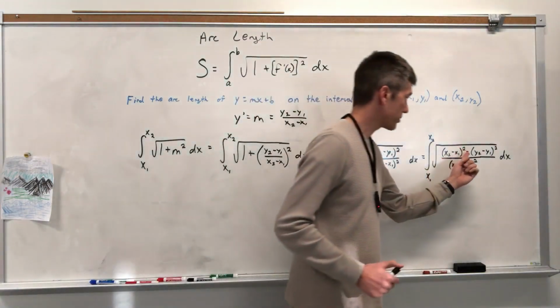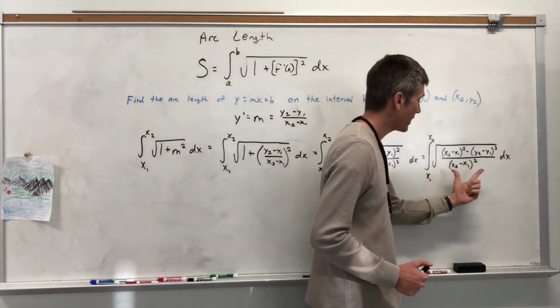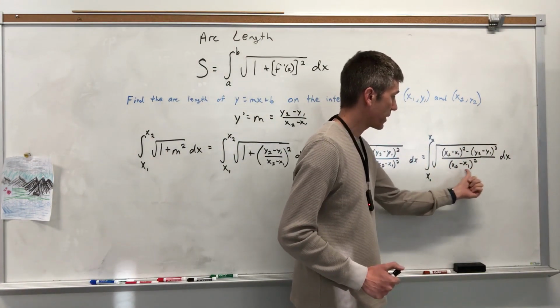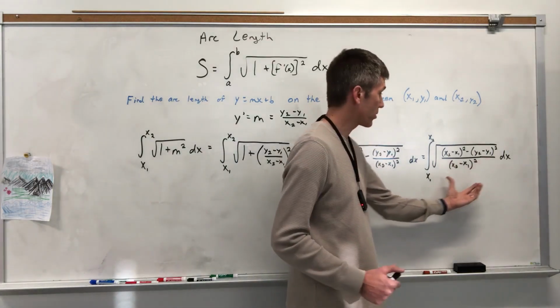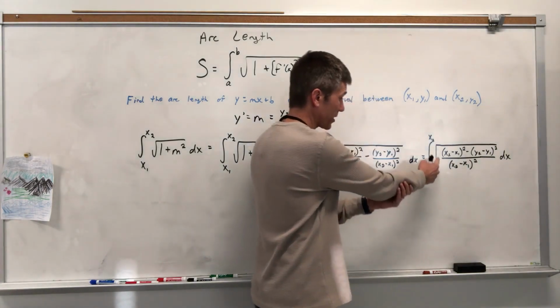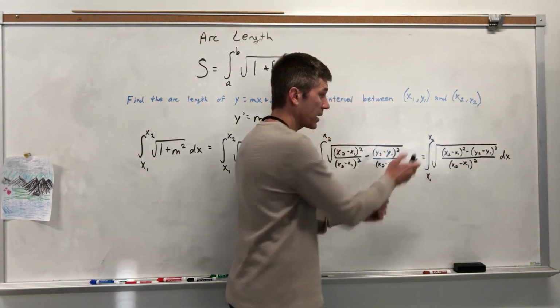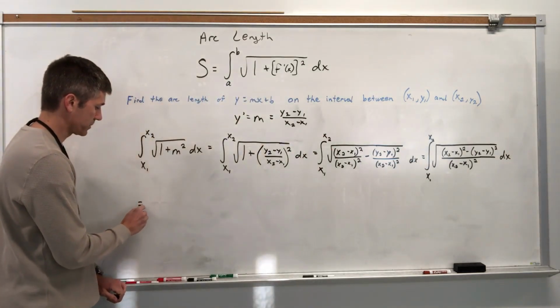No, not because we're adding them. So I can take the square root of the denominator, and if I do, I would not have (x2 minus x1) squared anymore. I would just have x2 minus x1, and it would no longer be under the square root. It would come out here in front of the square root, which technically means it can go in front of the whole thing in the denominator.